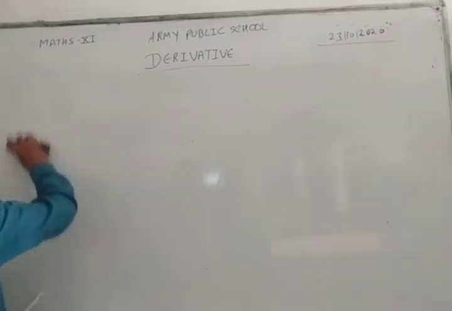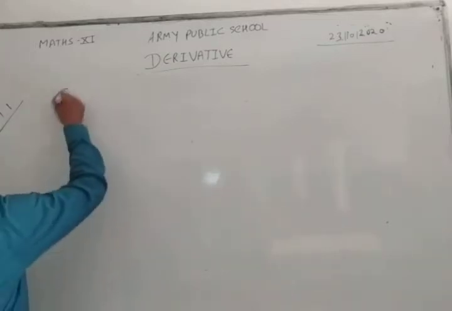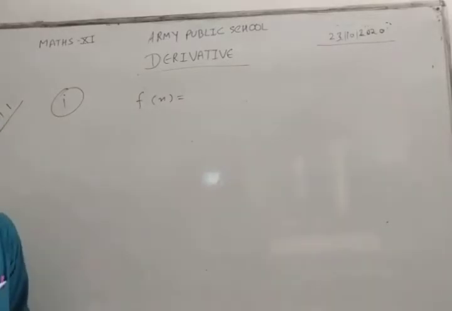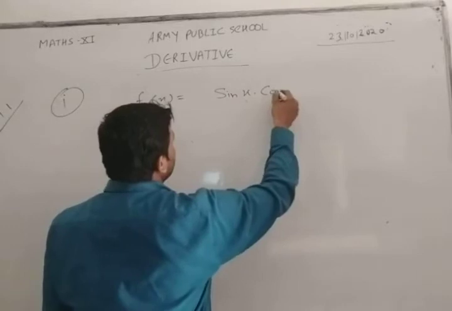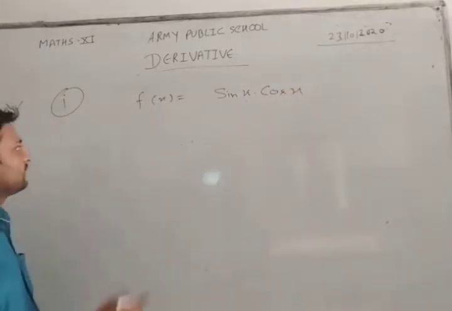Next is question number 11. First is f(x) equal to sin x into cos x. We have to find the derivative of this function.